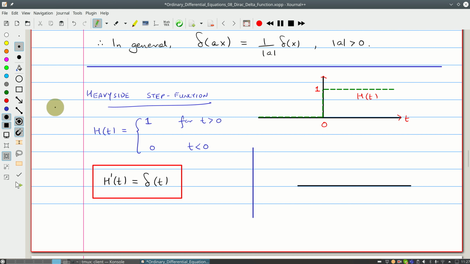So if I have t here, 0 here, I should have drawn another line. Let's draw it. And now I take a series of functions which look like this. Here's the first, then the second.